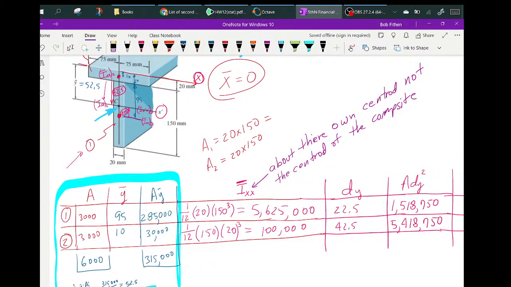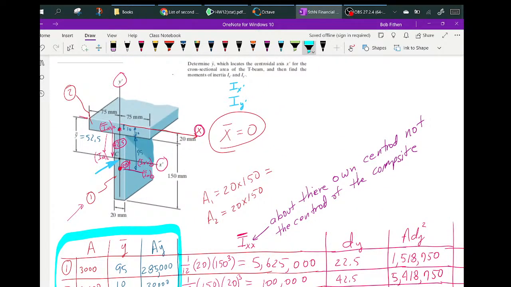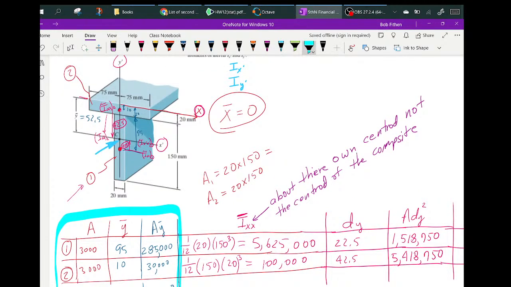Let's start here on the first one. Okay, I bar XX. Okay, so base times height to the third. That looks okay. Now, there is a good chance that I goofed up on my calculations inside the calculator. So 1/12, okay, there's the 150. That's the base here. 20 is the height here. So I think I'm okay.